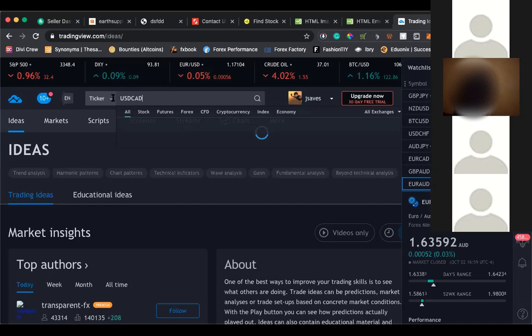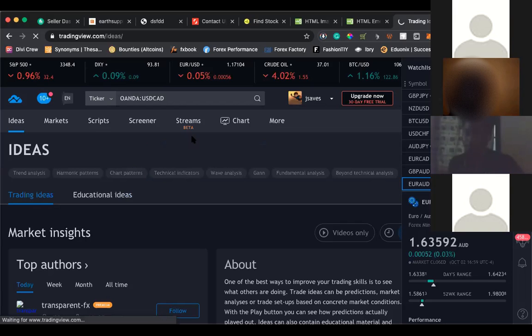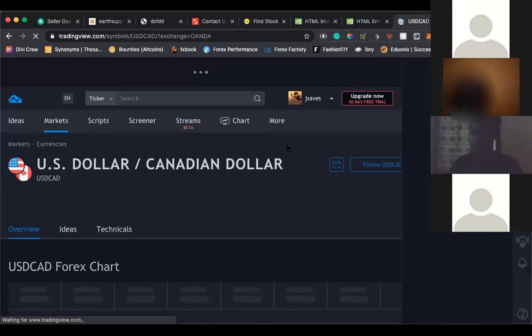See this, the section where I typed USD CAD, this side. You can also open this USD CAD on your MT4.